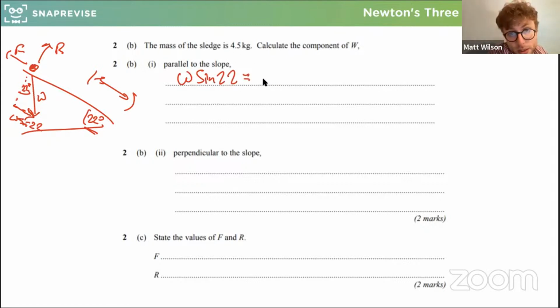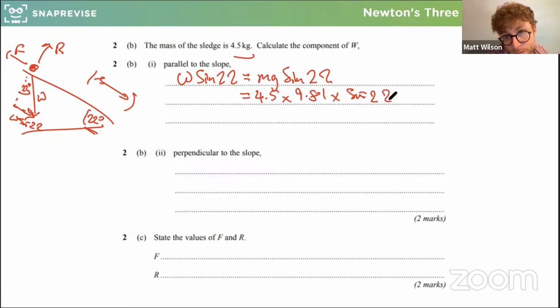The weight is m times g. And the mass here is 4.5 kilograms. So it's 4.5 times g, which is 9.81, times sine 22. Good, chuck that in a calculator and you'll get 16.537, which is roughly 17 newtons.